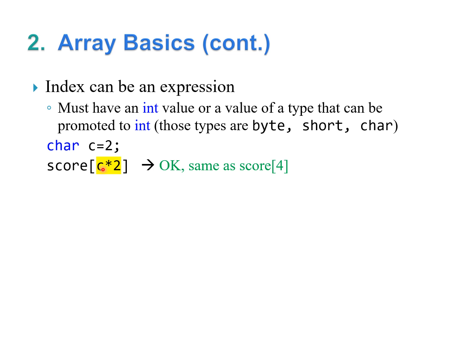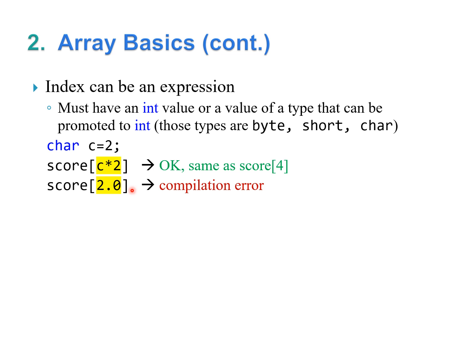The expression score[c * 2] is the same as the expression score[4]. But if you use an expression that cannot be promoted to type int, such as 2.0 as an index, as in score[2.0], then you will get a syntax error, even though 2.0 has mathematically the same value as 2.